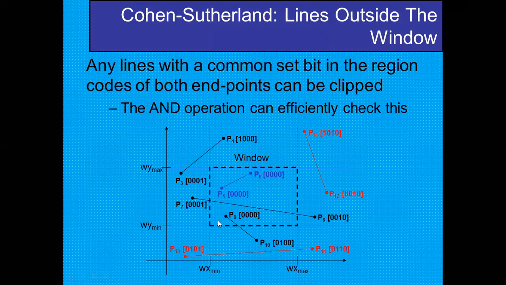Now you can see another case, P9, P10. P9, this endpoint which is lying inside the window, you can assign 0000, just by looking at P9. Now in this case P10, because this is lying in this region and the 4-bit code for this region is 0100.